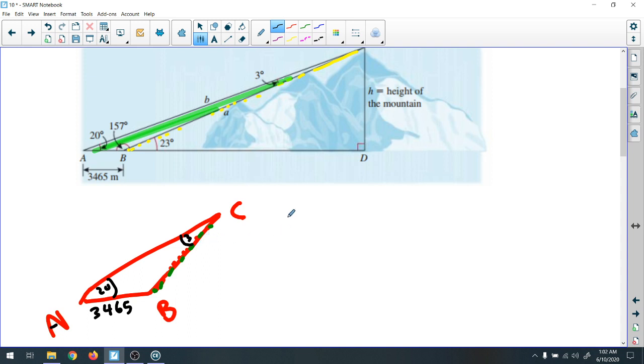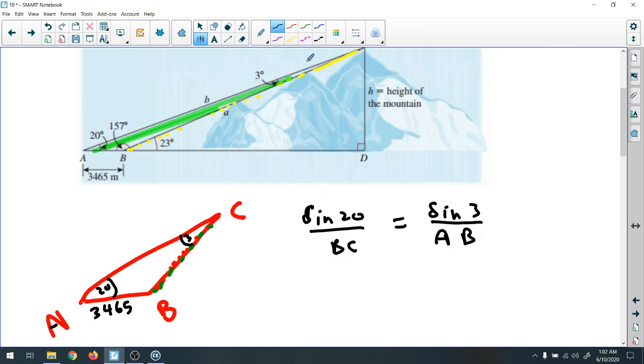Use law of sines. We'll say BC, start with BC. Or you could flip it. You could start with the side, not the angle. BC divided by sine of 20. Or you could do sine of 20 divided by BC, the opposite side, equals sine of 3 divided by side AB.